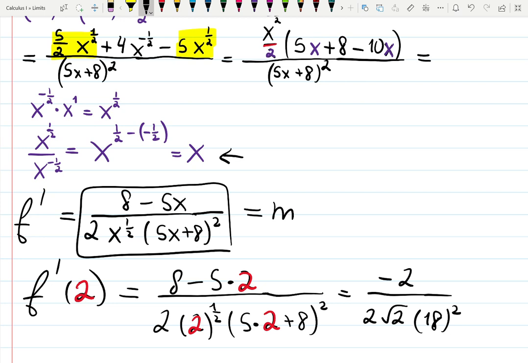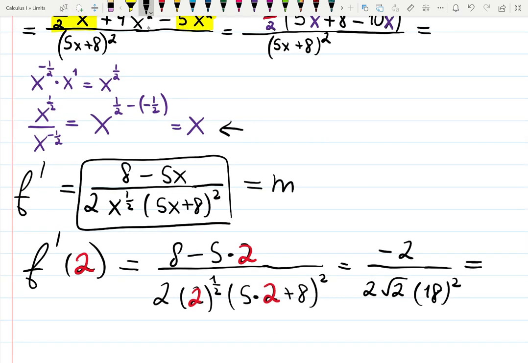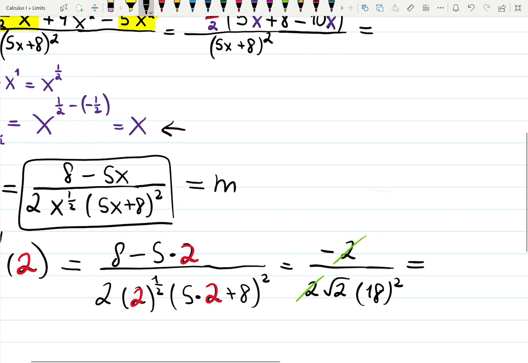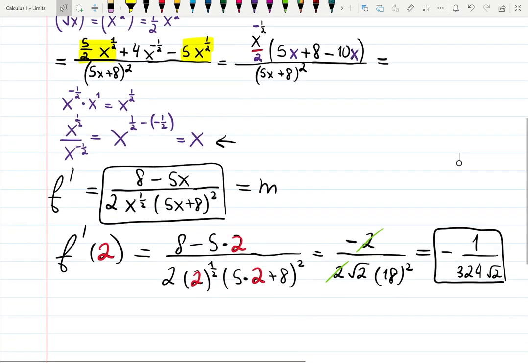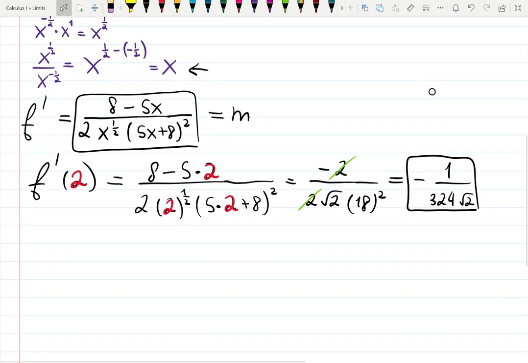This is what I got. What did you get? Try to compare with your answers. 2 and negative 2 cancel out, so the answer is negative. Slope is negative here. It's going to be negative 1 over, 18 squared is 324, square root of 2, and that's my slope m, which we're going to plug into the formula. Negative slope means the function is decreasing.